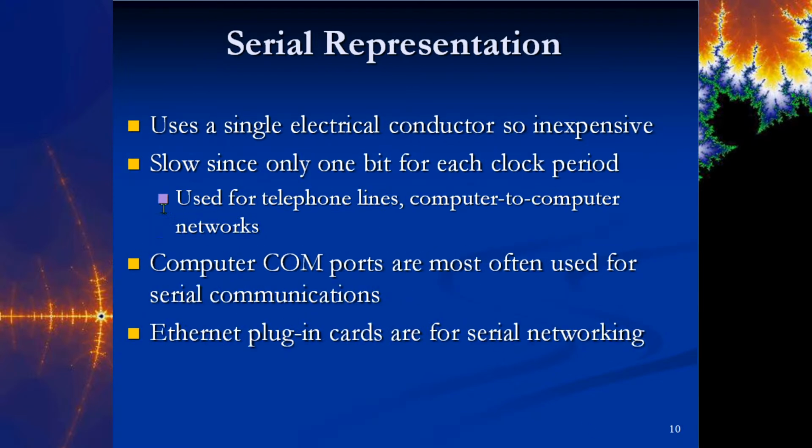So, if we're going to do a serial representation of a binary number, let's say, or a string of binary digits, we typically transmit them over a single conductor because it's a lot of money. You can't even imagine how quick we could make communications if we were able to transmit like 8 lines at a time.